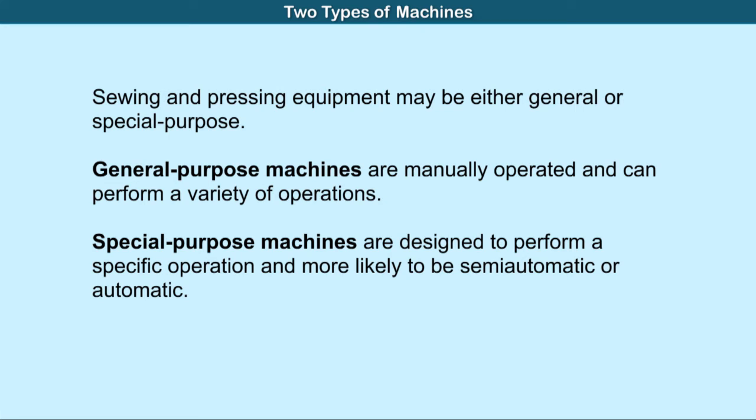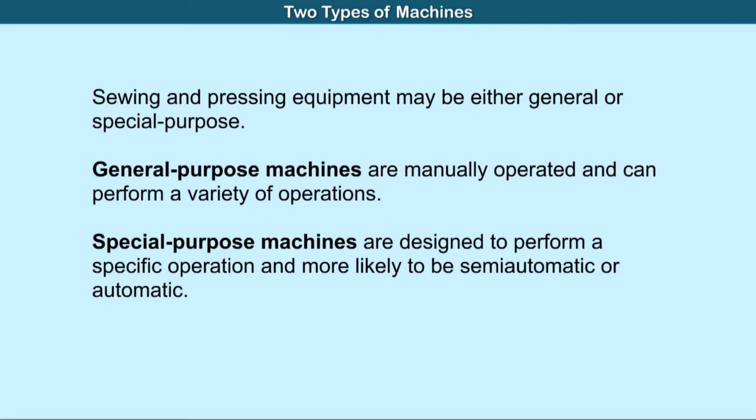Basically, there are two types of machines. One is general purpose and the second one is special purpose machines. The sewing and pressing equipments may be either general or special purpose. General purpose machines are basically operated manually and can perform a variety of operations.